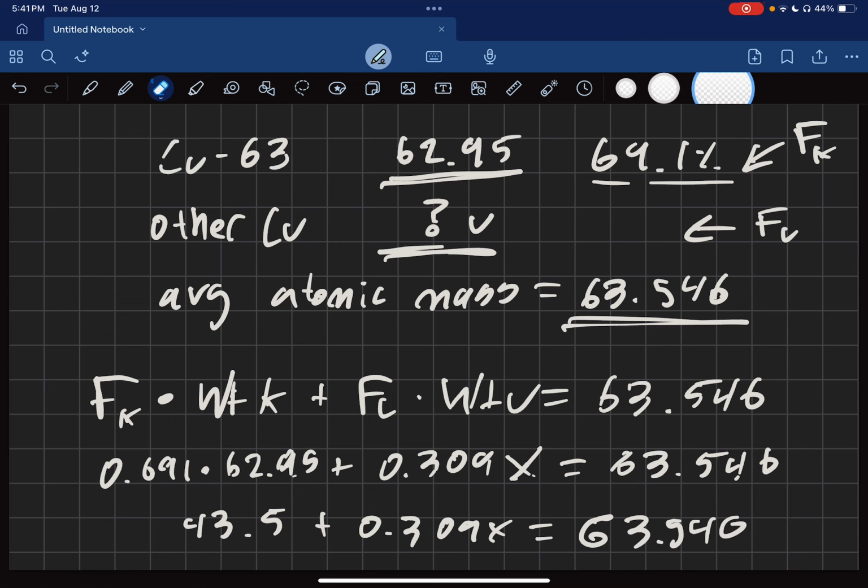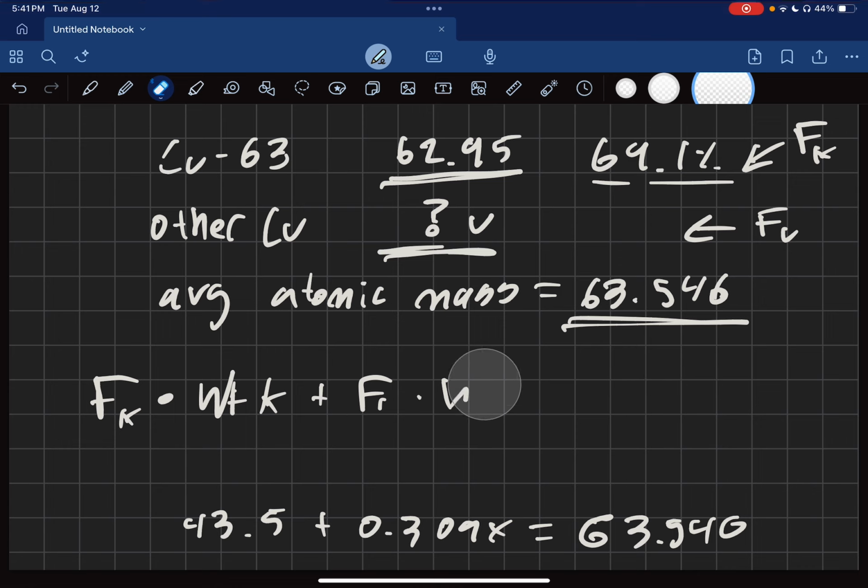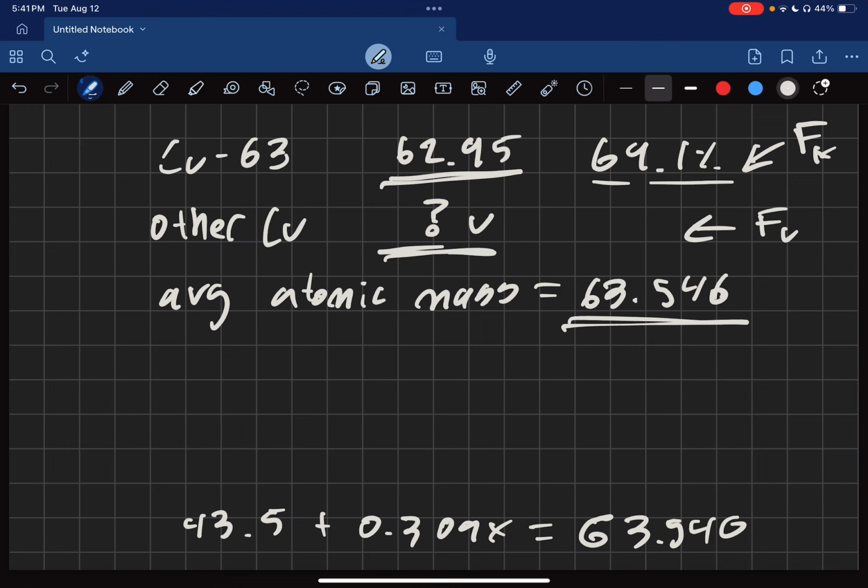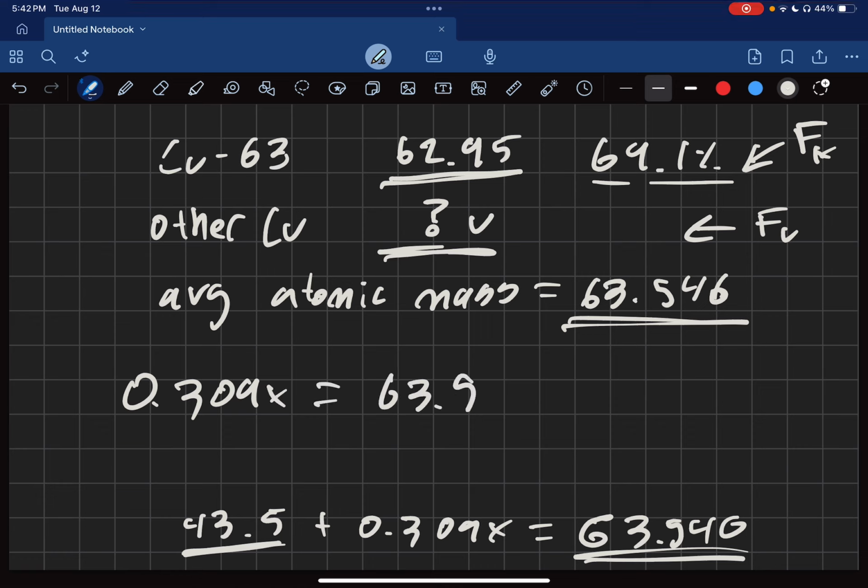We'll subtract this 43.5 from both sides, and we'll be left with 0.309x equals 63.546 minus 43.5. I can't read my handwriting. So let's figure out what that is. That equals 20.05, just about.